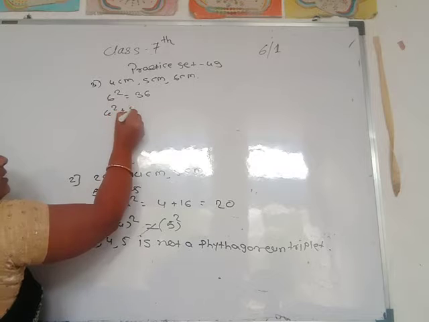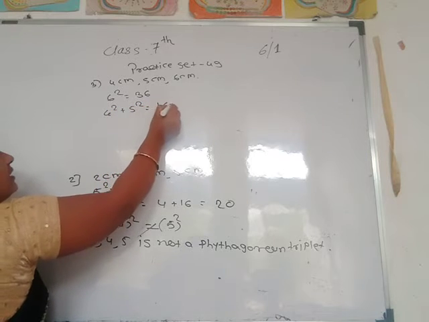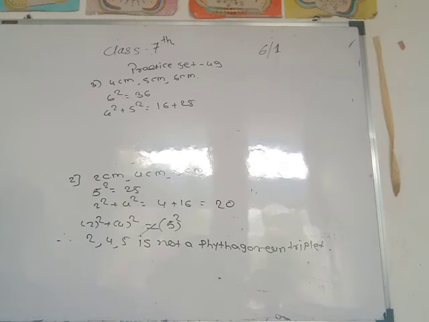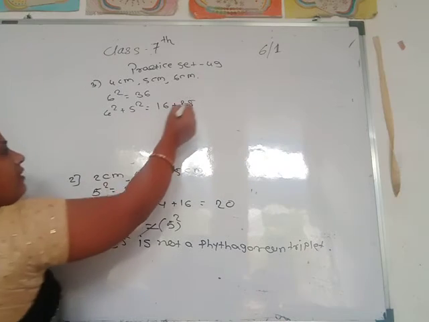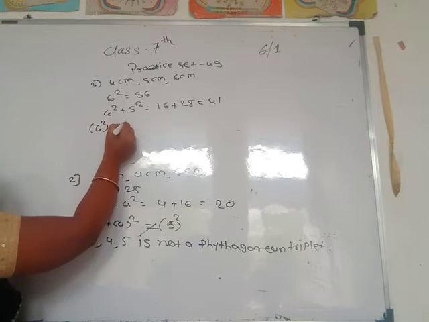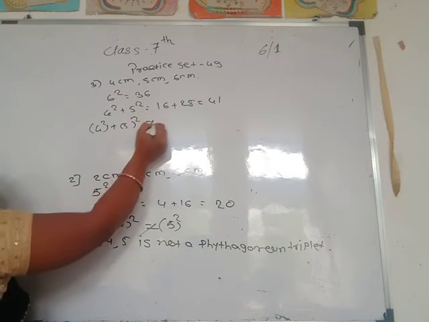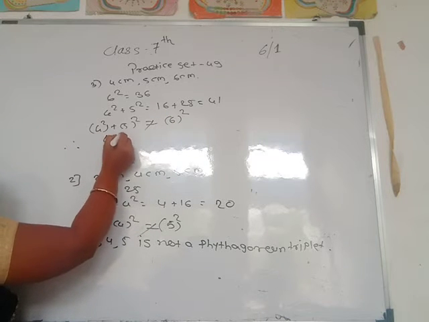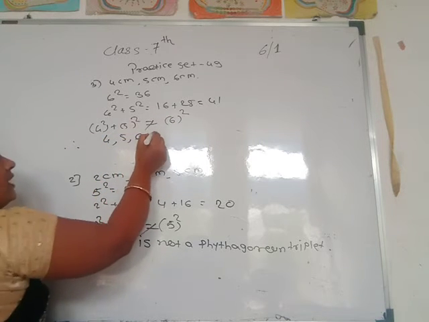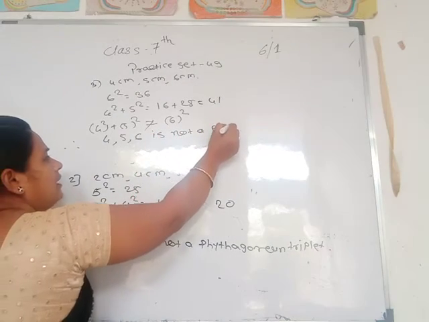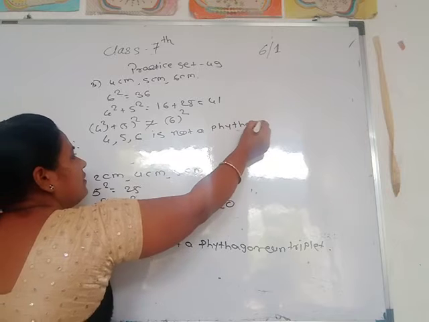Then 4 squared plus 5 squared: 4 squared is 16, 5 squared is 25. Then 16 plus 25, the answer is 41. Then you write here 4 squared plus 5 squared is not equal to 6 squared. Therefore 4, 5, 6 is not a Pythagorean triplet.